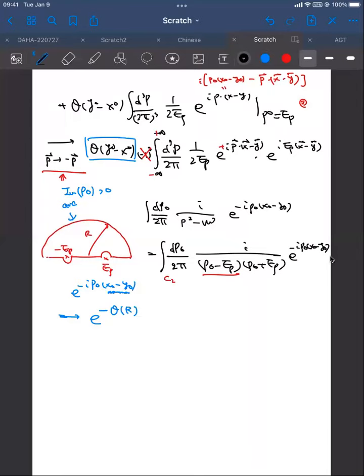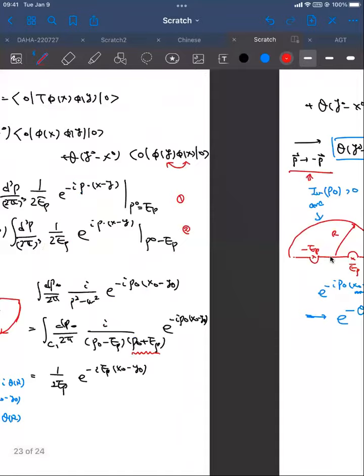This is then equal to 1 over 2 E_p, e to the i E_p (x0 minus y0), and this part is the same as the earlier part. So we can plug the p0 part inside as before.